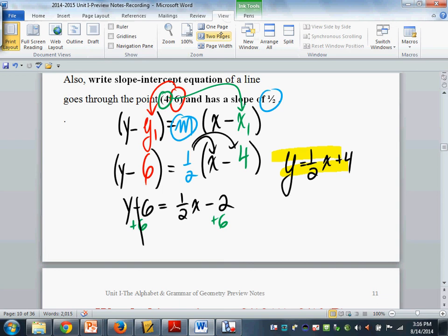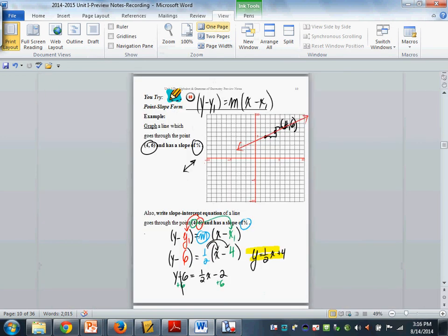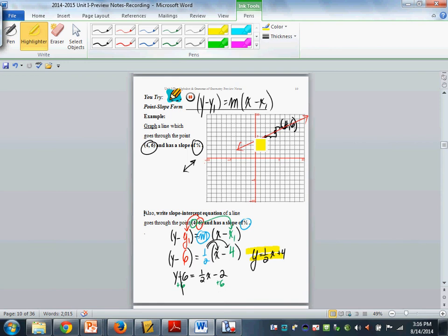Let's see if this actually matches with what we had. So we start at the 4 on the y-axis, which is right, lo and behold, it's right there. And let's count out the slope. It's down 1, over 2 this way, or up 1 and over 2 this way, same line. Good job.